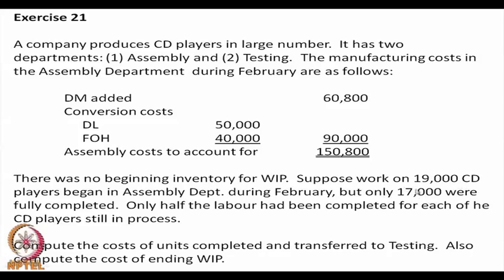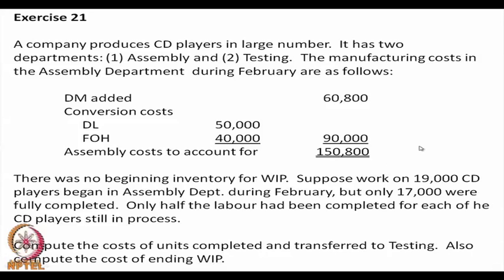These 17,000 consumed the full direct material, and of the 2,000 remaining, those 2,000 consumed also direct material, but consumed only 50% of the conversion cost. Compute the costs of unit completed and transferred to testing. Also compute the cost of ending work in process.